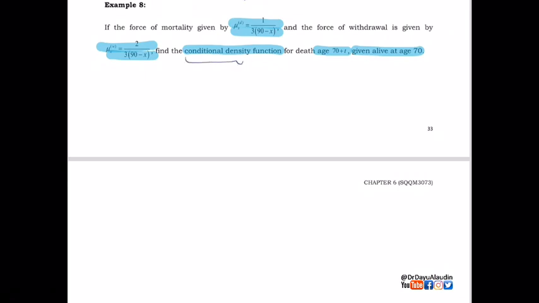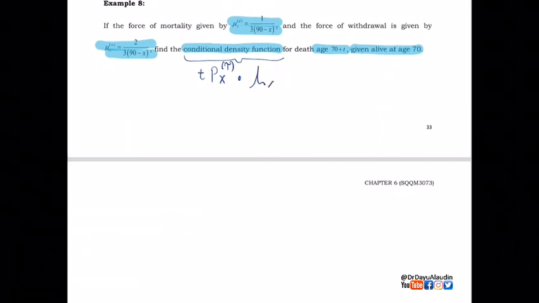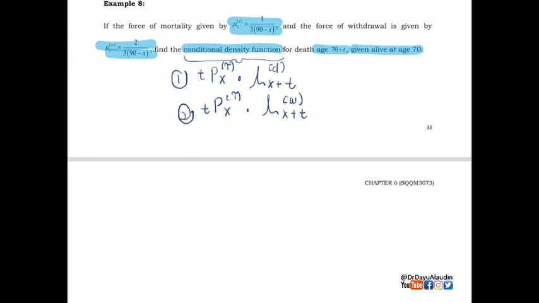The conditional density function, if we write in terms of notation, becomes tPx tau times mu x plus t. So we have D, and we also have the force of mortality for withdrawal. So we have to find both.